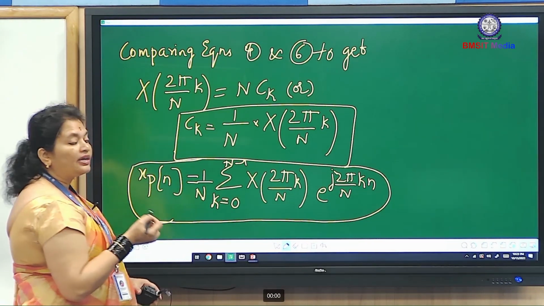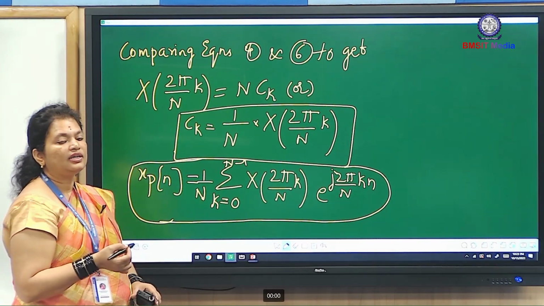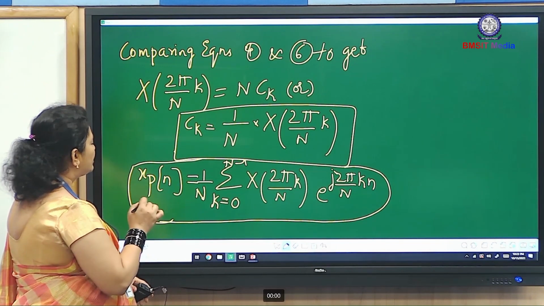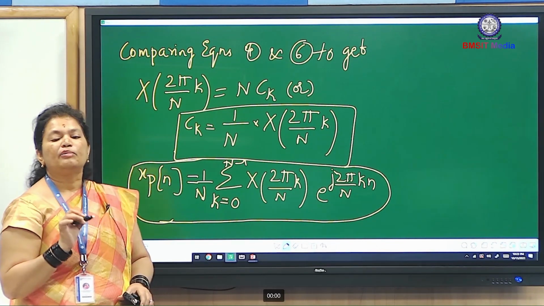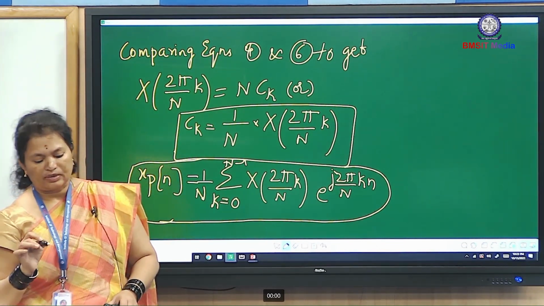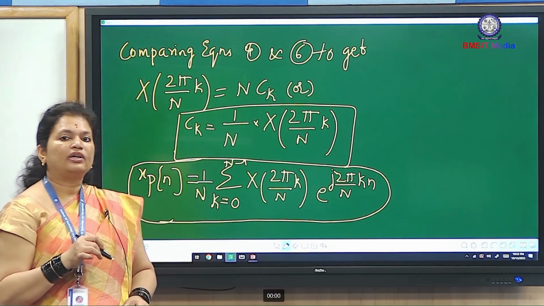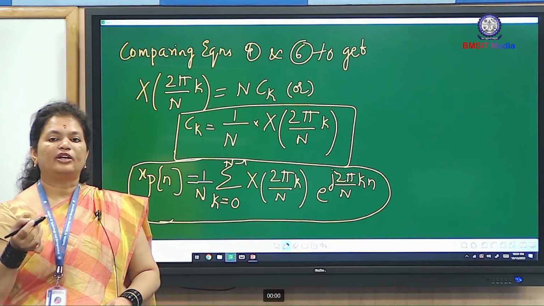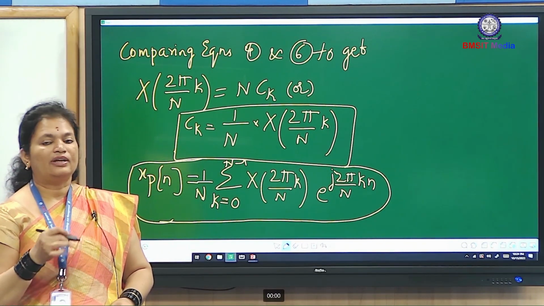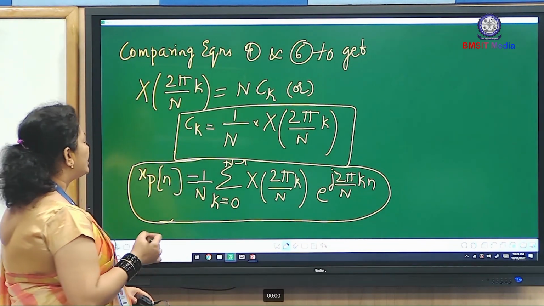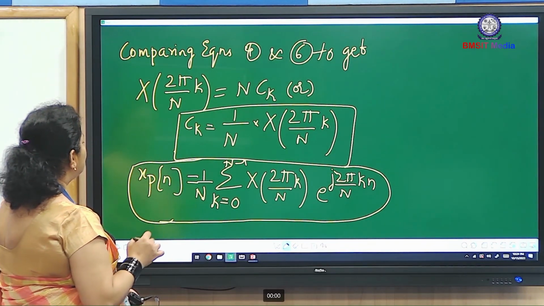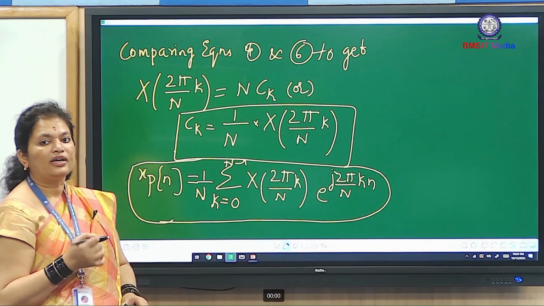So in order to get back x of n, let us see what we have to do. As of now we have got only the periodic extension of x of n. So from the periodic extension of x of n, how to get back our x of n? Let us see that. Before that, we have to understand the relationship between x of n and xp of n.